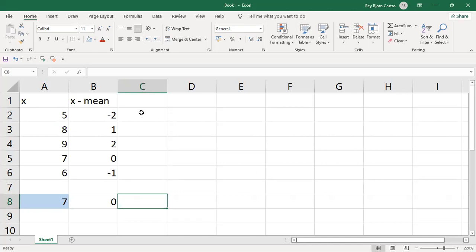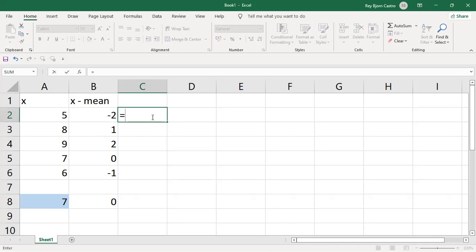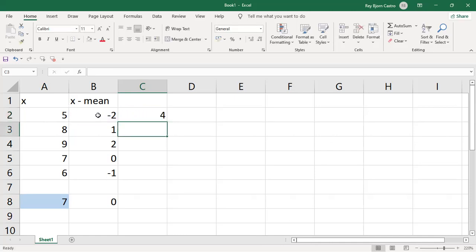Again, for example, ito si -2 squared, i-square ko lang siya. So magiging 4 siya. So if you do that as well with the others, at kapag pinag-add mo siya lahat, what should be the result? Yung result ang kailangan ko.